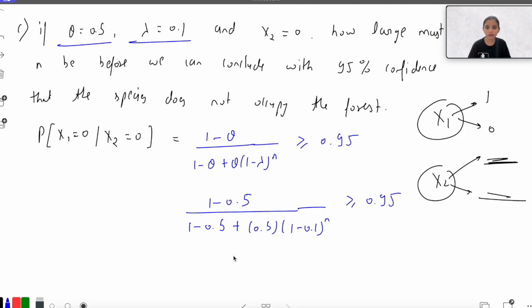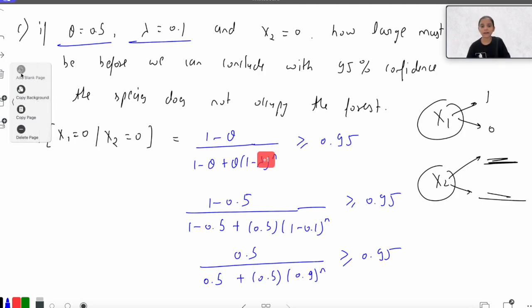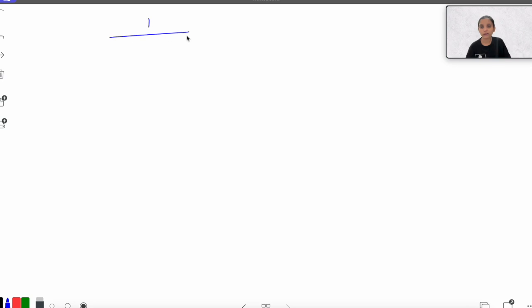That is 0.5 upon 0.5 plus 0.5 times 0.9 raised to the power n, greater than or equal to 0.95. I can take 0.5 common from the numerator and the denominator, and we will have 1 upon 1 plus 0.9 raised to the power n greater than or equal to 0.95.